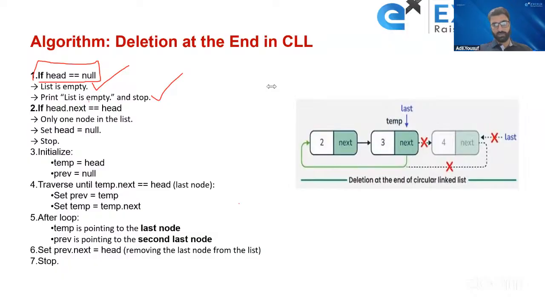Yes, good. When it is the first and the last node, means if head dot next is equal to head, whenever you have got only one node in the list. If its next is pointing to head itself, it is the only node in the list, the first and the last node. Good.